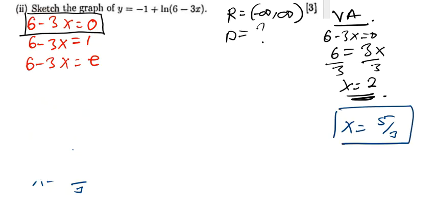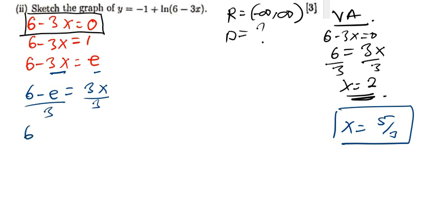Let's now go ahead and find the other one. Here I shift this to the other side and e to the other side. 6 minus e is equal to 3x. Divide by 3, divide by 3. So we have x being equal to 6 minus e, divided by 3.